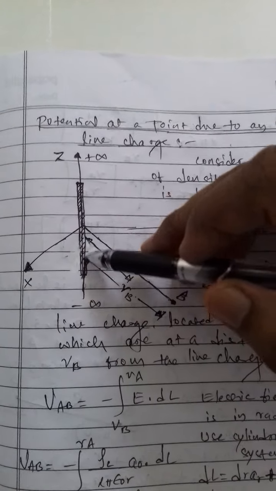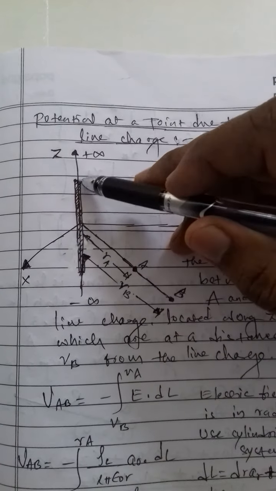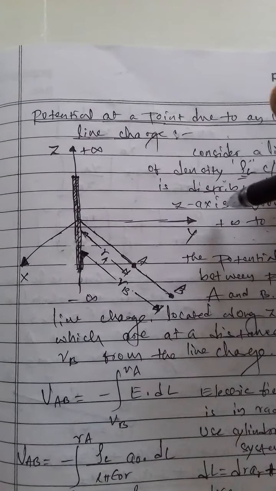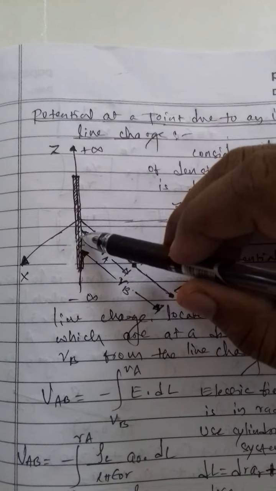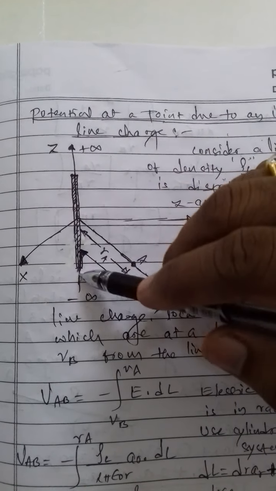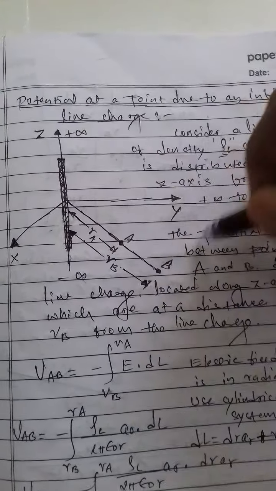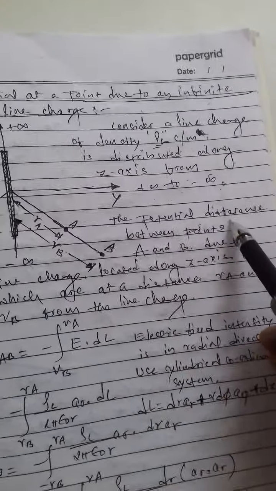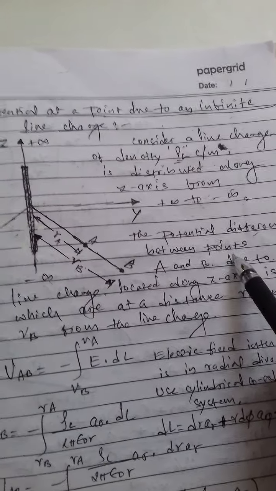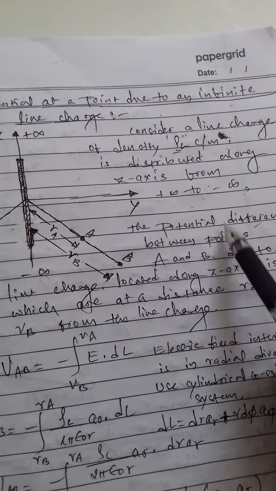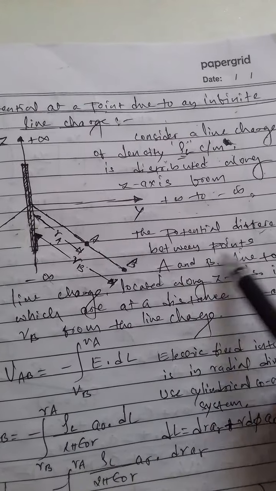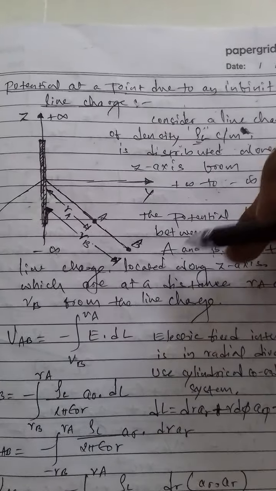Here this one is a line charge having a line charge density of rho L coulomb per meter, and it is distributed along the z axis from minus infinity to plus infinity. The potential difference between the points A and B due to the line charge.